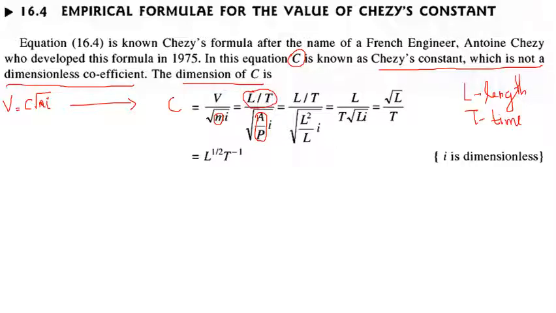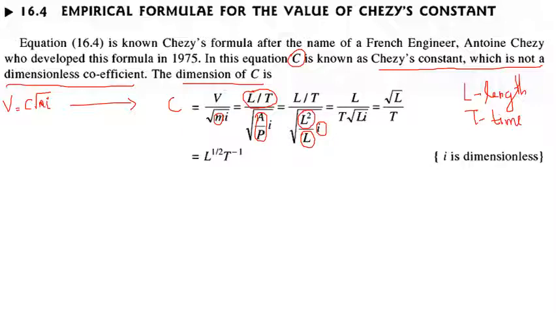I is a slope, so it doesn't have length or time dimensions and remains as such. Then we have P, the perimeter. Perimeter is a sum of lengths, so it has the dimension of length, and area is usually expressed as square meters or square centimeters, so it involves two length dimensions, L square.